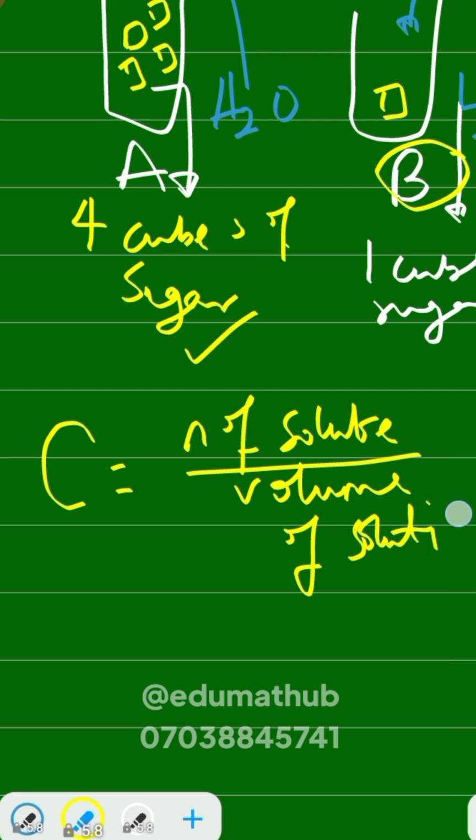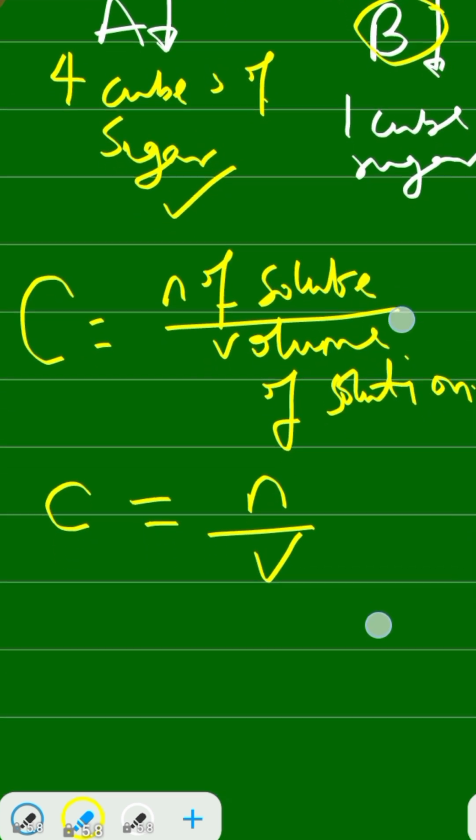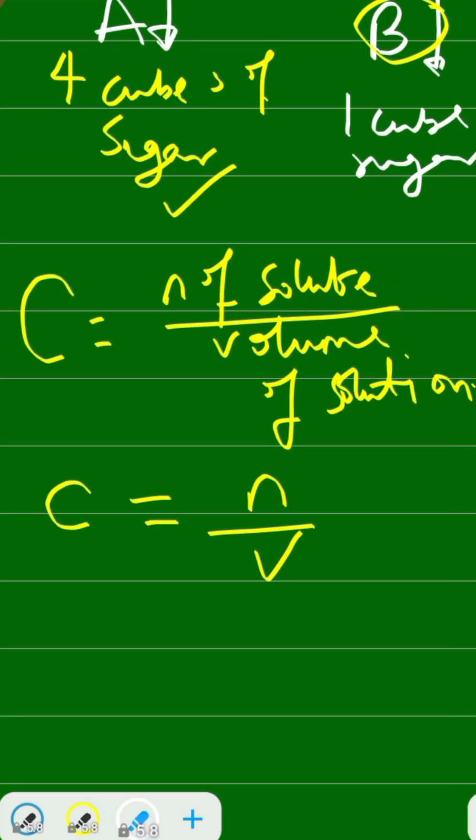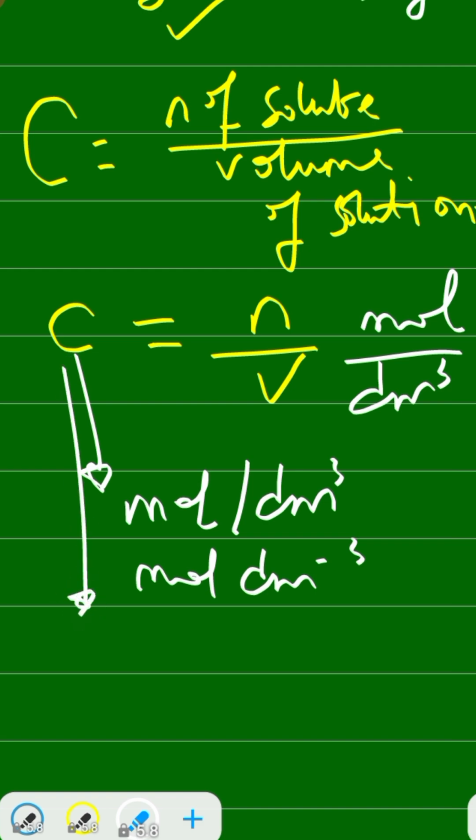So basically we are saying that concentration is equal to number of moles divided by volume. The unit for moles is mole, that's the amount of substance, while the unit of volume is dm cube. So the unit of concentration is mole per dm cube. This is what is called the molar concentration.